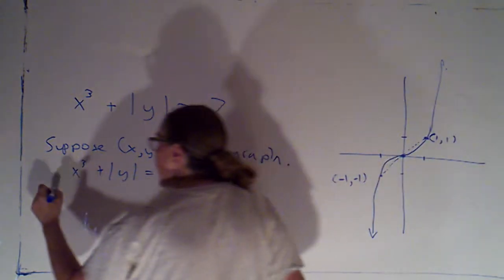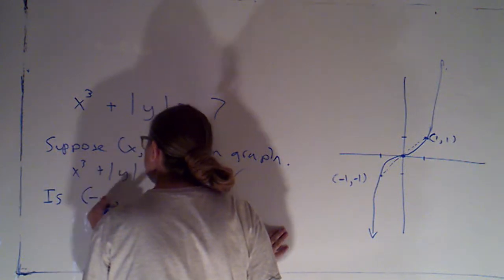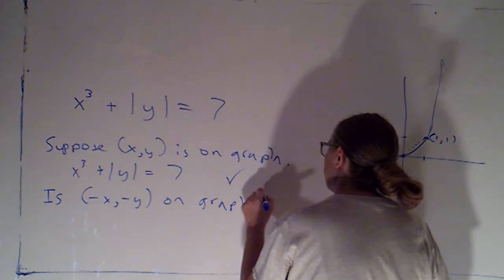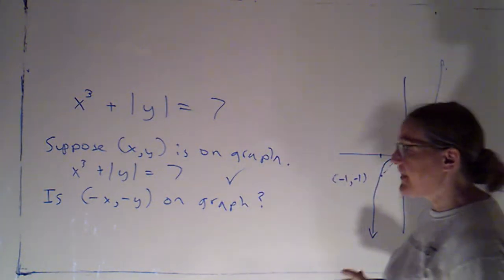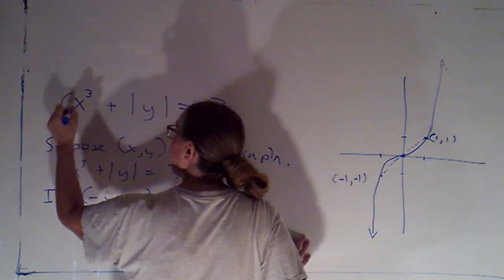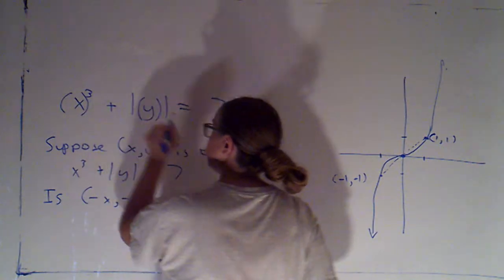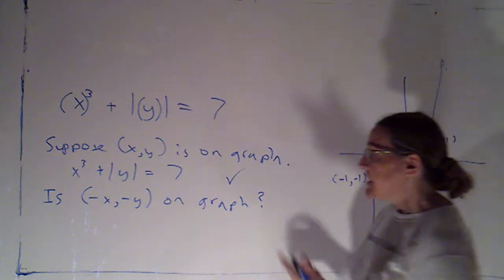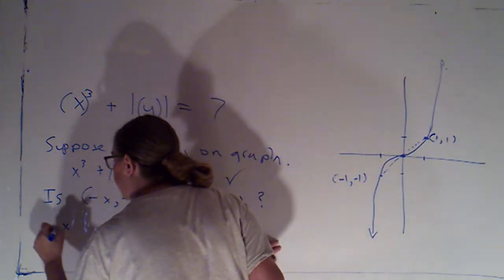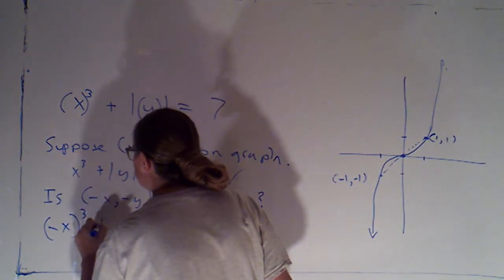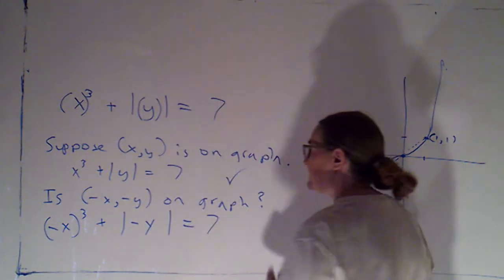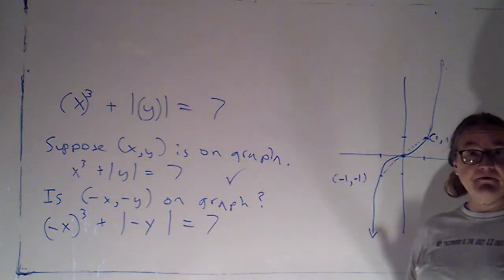And now I'm going to ask, is the point the opposite of x, the opposite of y, on the graph? For that, I'm replacing x with the opposite of x, and I'm replacing y with the opposite of y. So I would get the opposite of x cubed plus the absolute value of the opposite of y equals 7. And I'm going to simplify this.